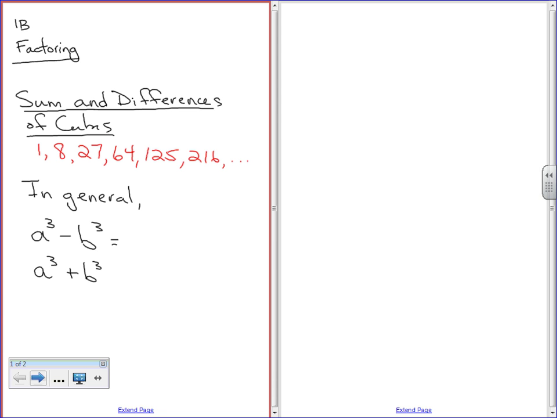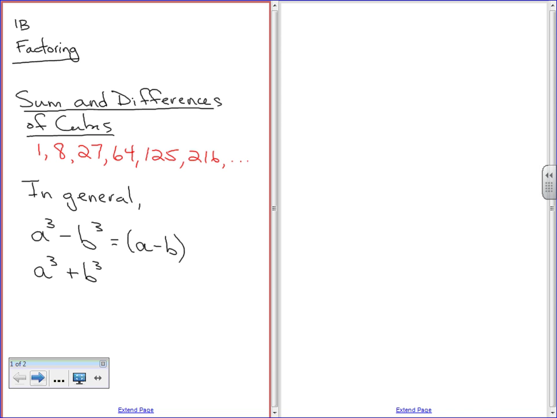I take the cube root of the first term, which is a. I take the cube root of the second term and include the negative with it. So negative b cubed. What's the cube root of negative b cubed? Yeah, negative b. So that's how you get the first bracket.